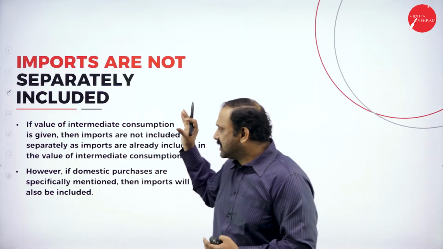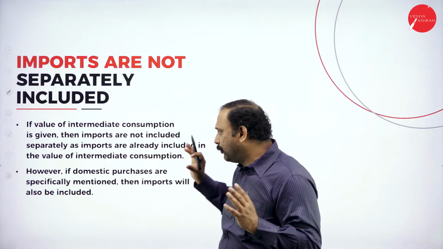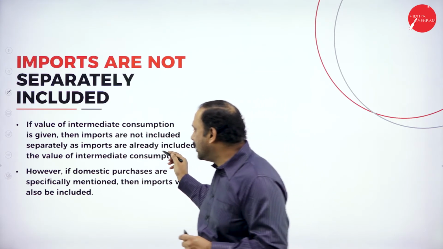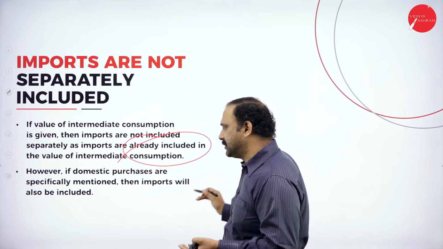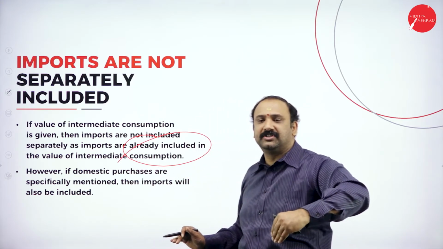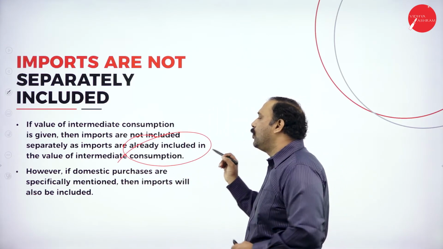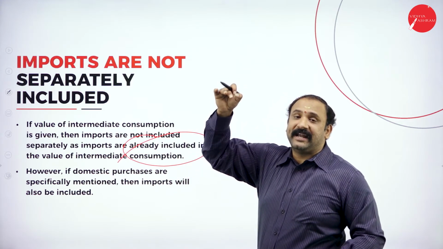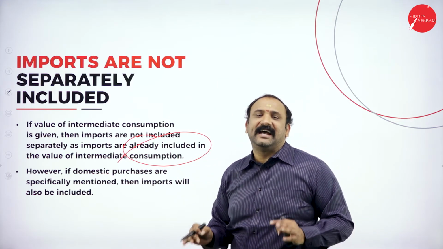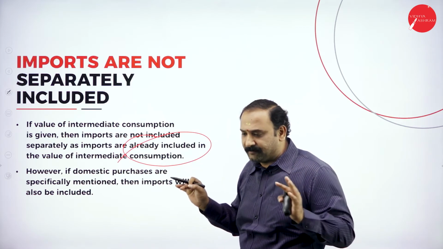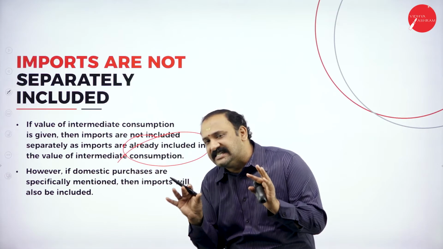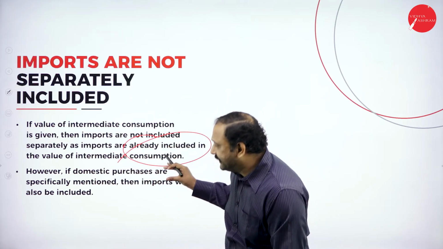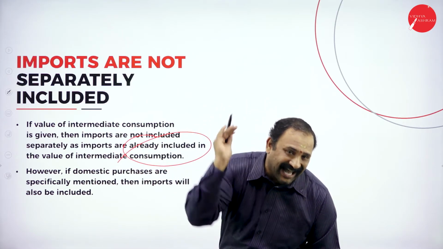Now, imports are not separately included. Why? Because they are already included in the intermediate consumption, as it's already taken into consideration. We are not going to have a separate inclusion there at any given point of time. That is not going to be counted again because we have already calculated it.